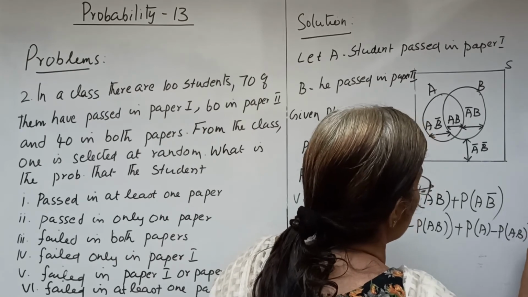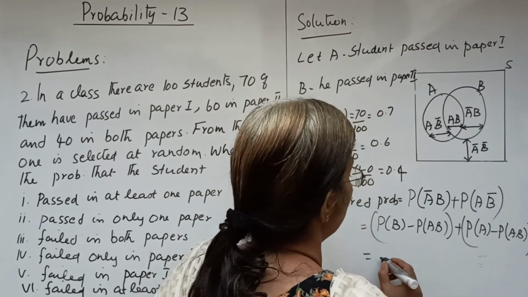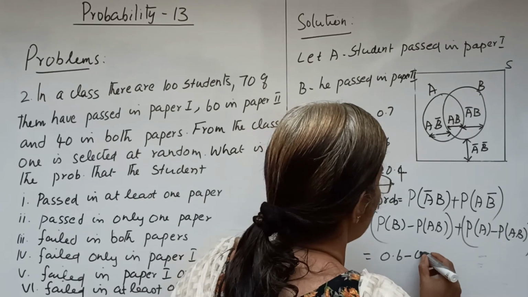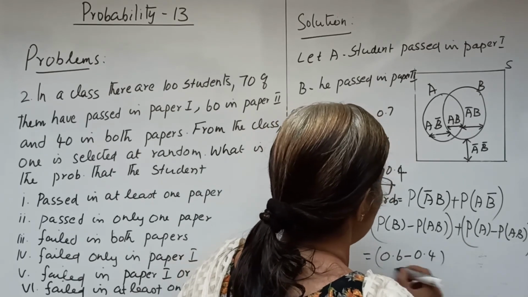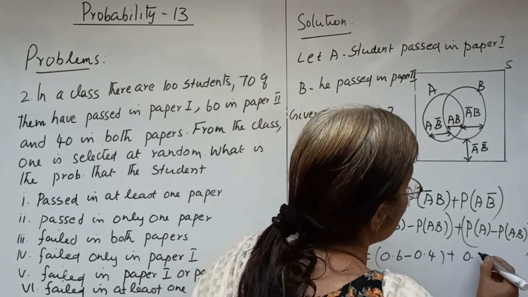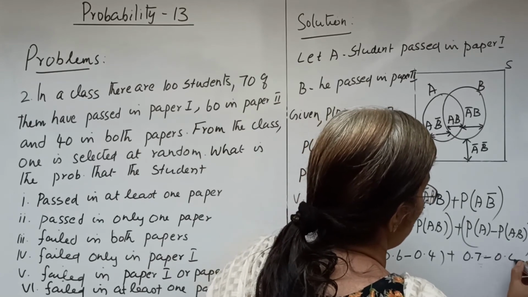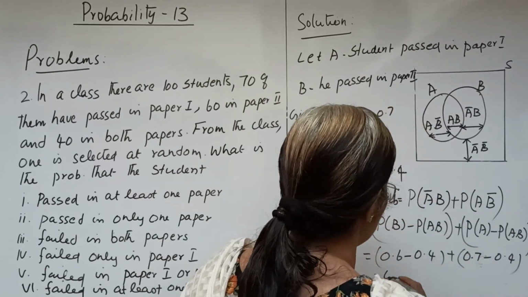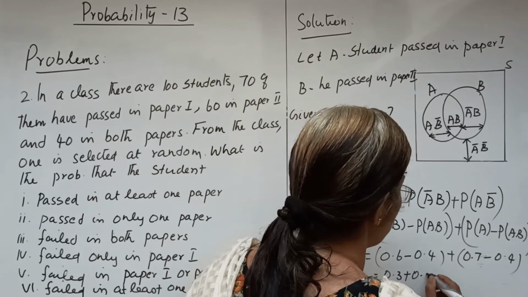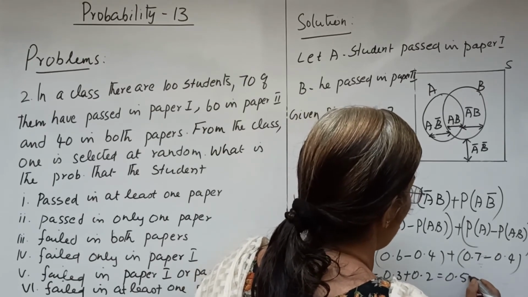So it is equal to 0.6 minus 0.4 plus 0.7 minus 0.4, that is 0.3 plus 0.2, equal to 0.5.